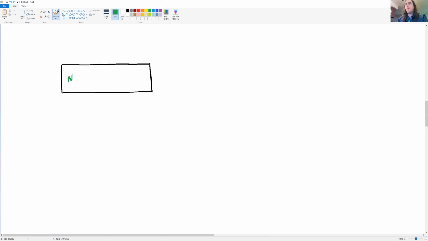So suppose we have a bar magnet with a north and a south pole like we have here. Now, oftentimes when you see a bar magnet and you want to draw the magnetic field lines for the bar magnet, you tend to think of the field lines as coming out of the North Pole and going into the South Pole.